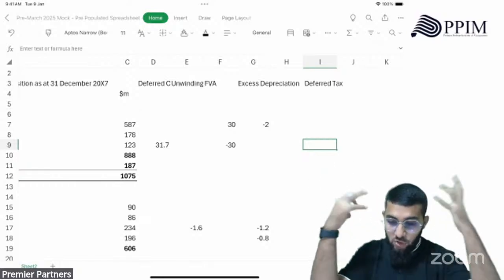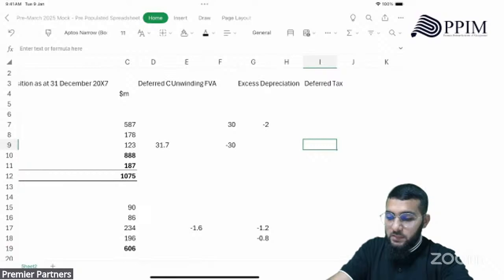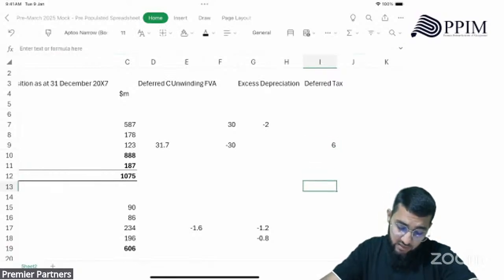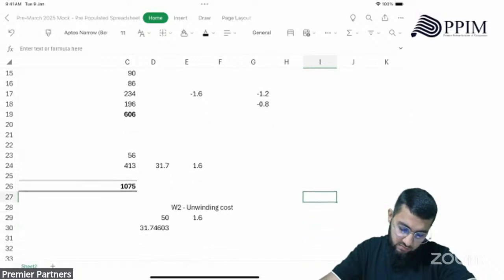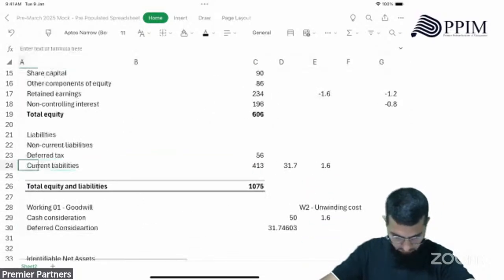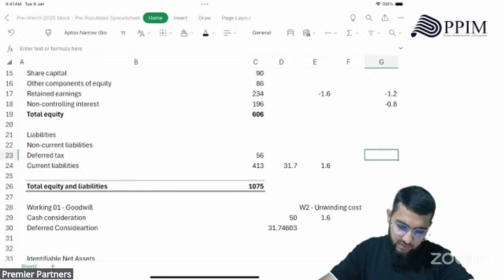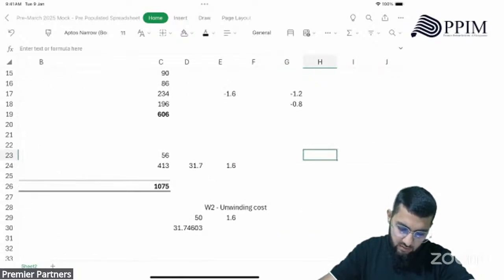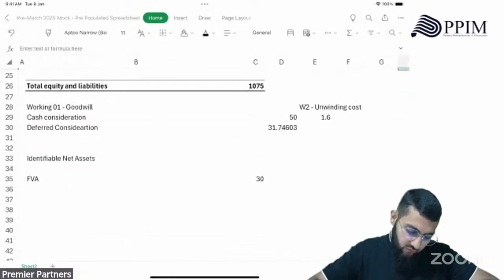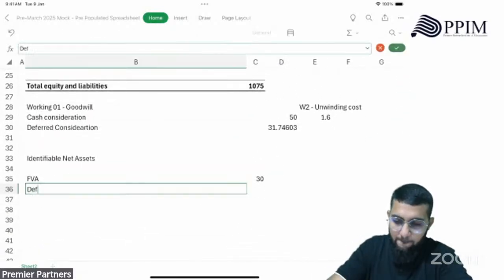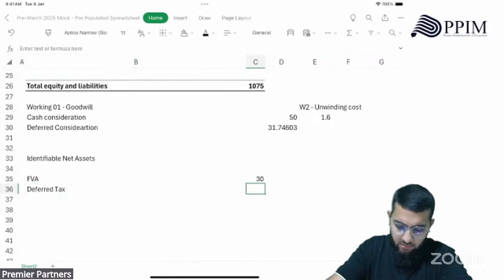So you need to have that in mind. 6 million. And this also is going to increase my deferred tax liability by 6 million.